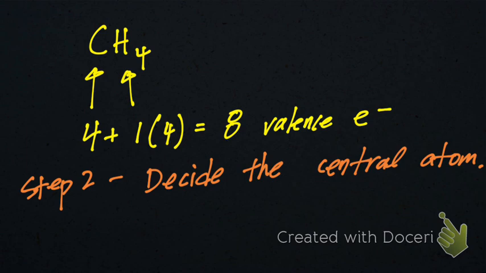So that's a huge sign that carbon is probably the central atom. Because carbon is solo, it's definitely the central atom. And we'll look at situations where it gets a little confusing as to which might be the center, but this one's a clear-cut center, okay?